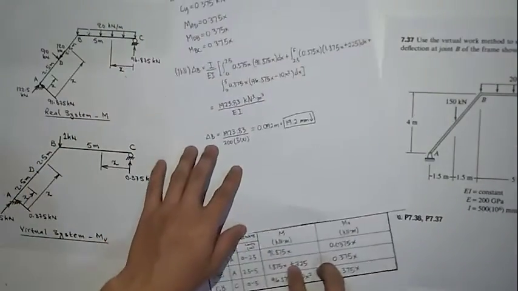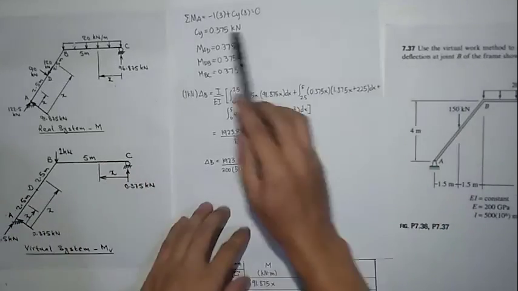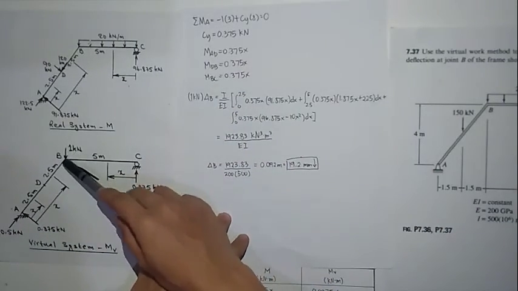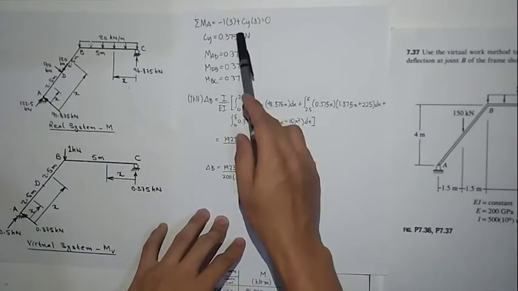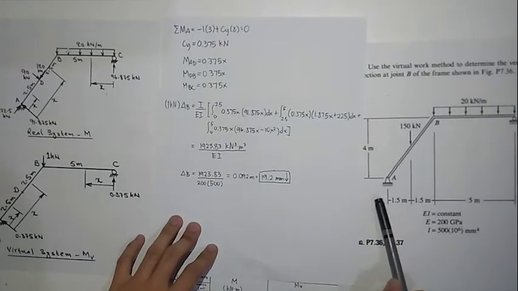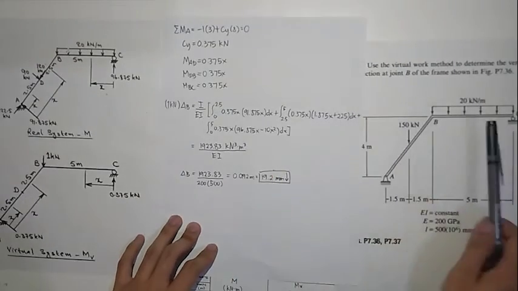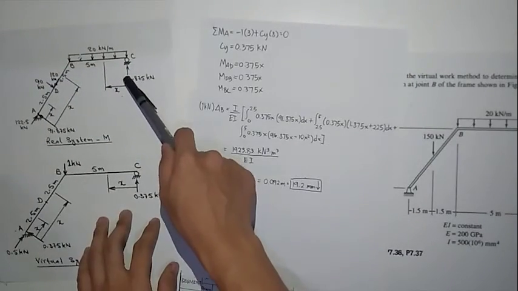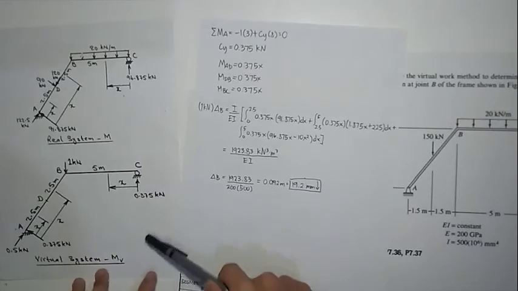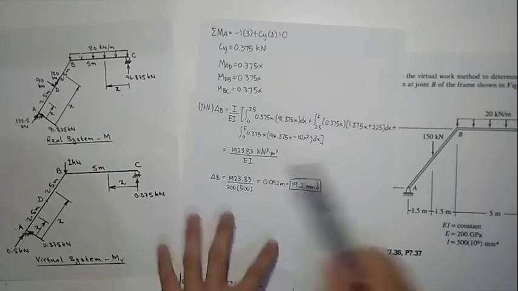Ito na po siya. Madali lang po. Ang force po na 1 kN na nasa B ay multiply natin ng 3 meters, kasi 3 meters po ito, to A, plus CY, times its moment arm na 8. 8 po kasi yung kanina.